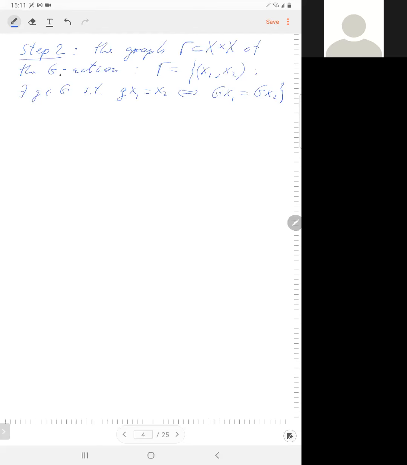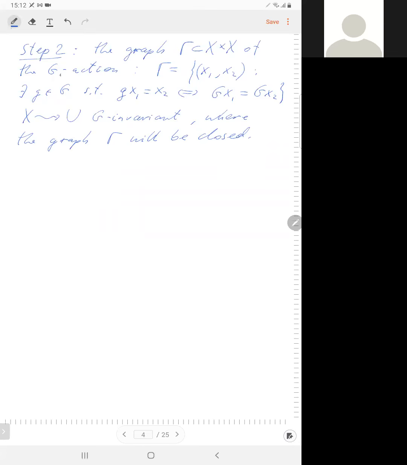So the next step will be shrinking of X. X again will be replaced by some G-invariant open subset where the graph gamma will be closed.